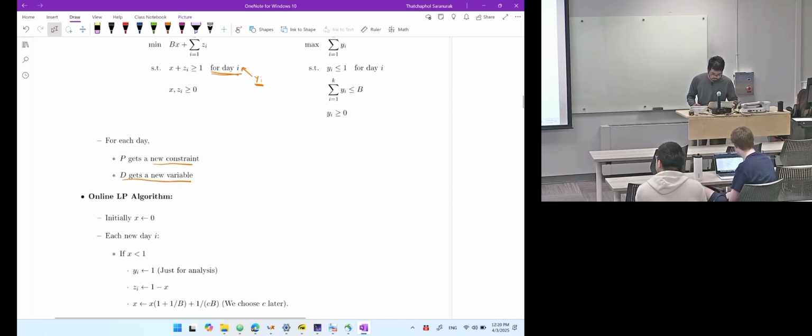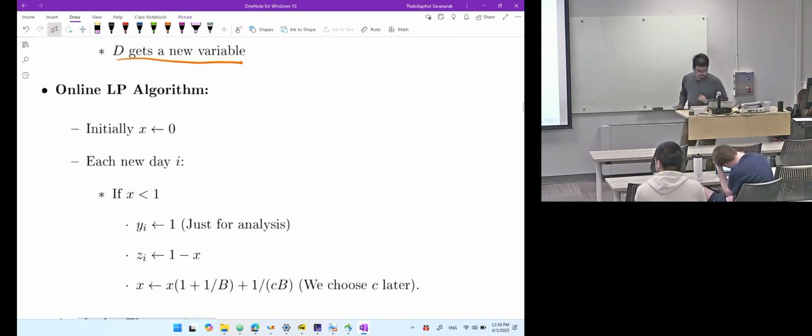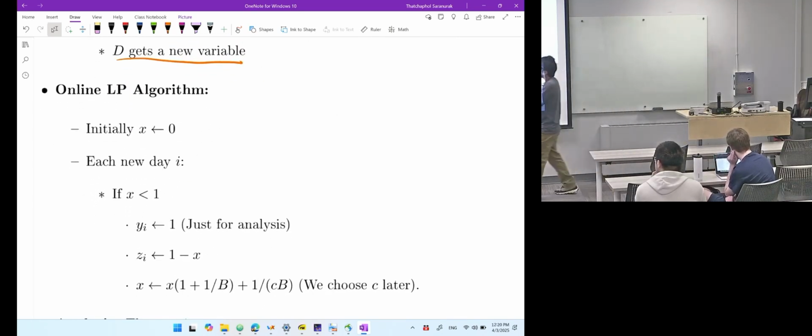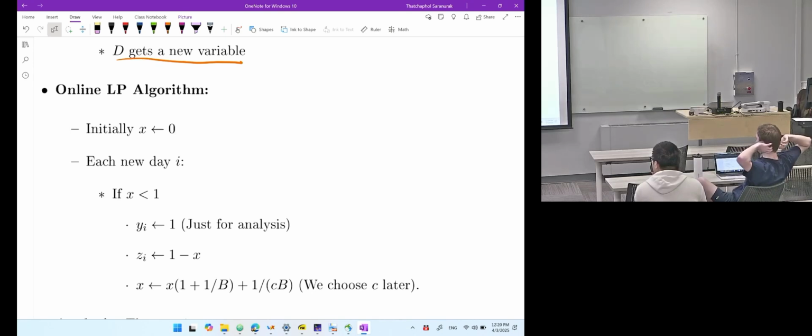Initially, I just set x to be 0. x is whether to buy or not, but x is now fractional. And on each new day, we check whether x is still less than 1 or not.